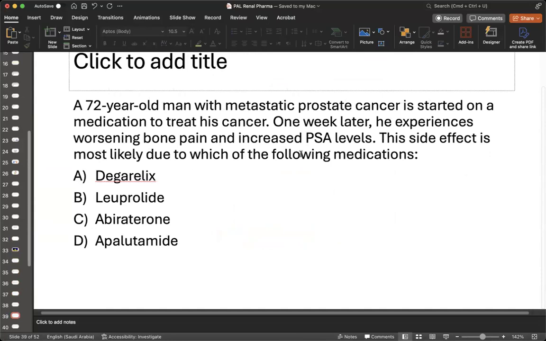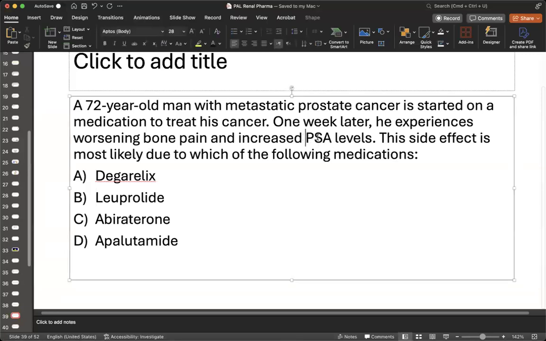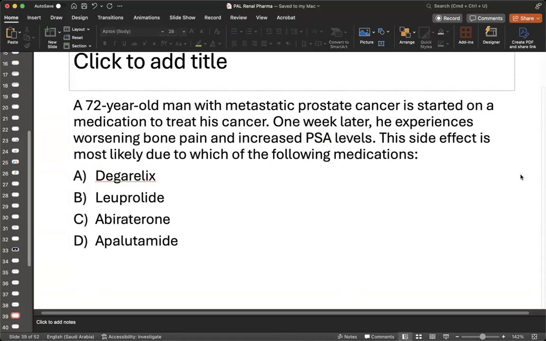A guy is treated with a drug to treat his cancer. However, he experiences worsening bone pain and increased PSA levels. PSA is prostate-specific antigen. It's like, wait, you just made the disease even worse. Why? Because of the flare phenomenon. Remember the flare phenomenon?